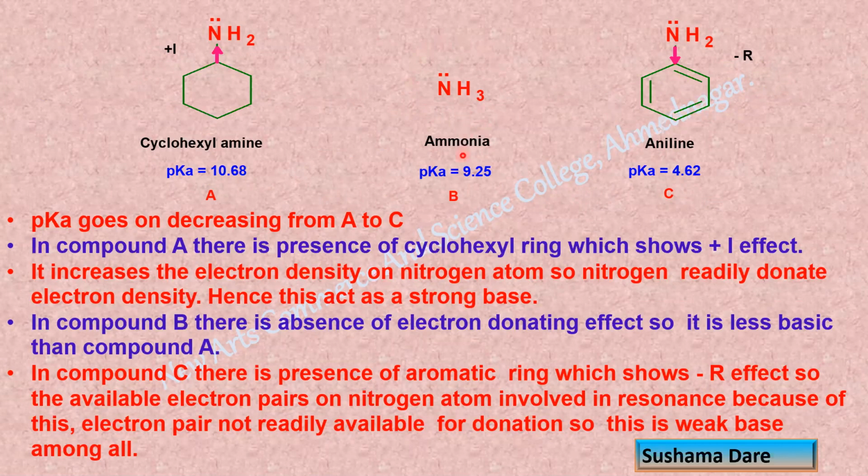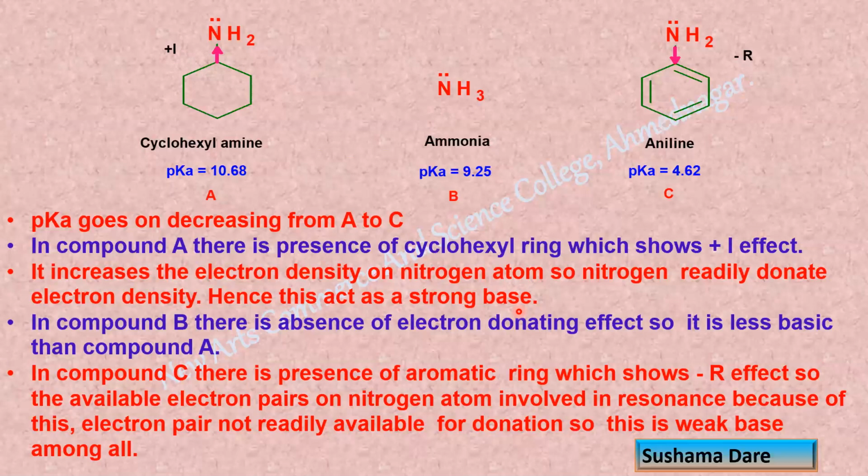Hence, it is less basic as compared to A, but more basic as compared to C. So, remember, the electron donating inductive effect always increases the basicity, because the electron density available on the nitrogen atom can be readily donated to a proton, so it acts as a strong base.